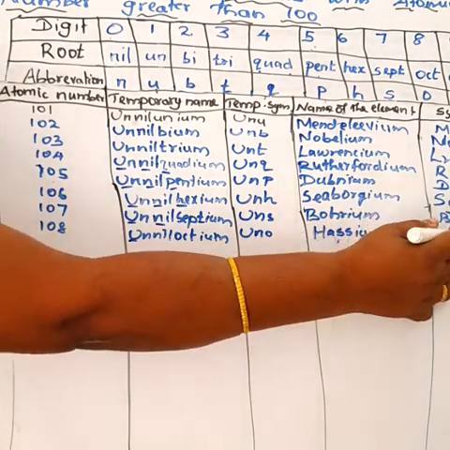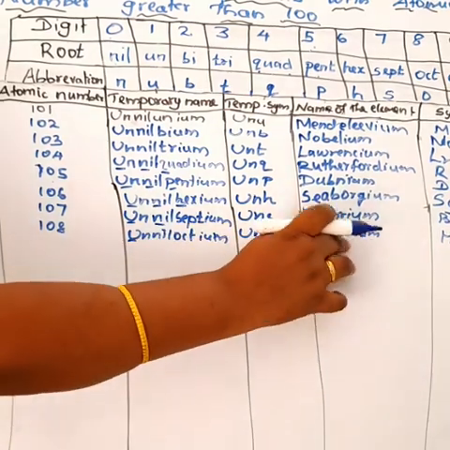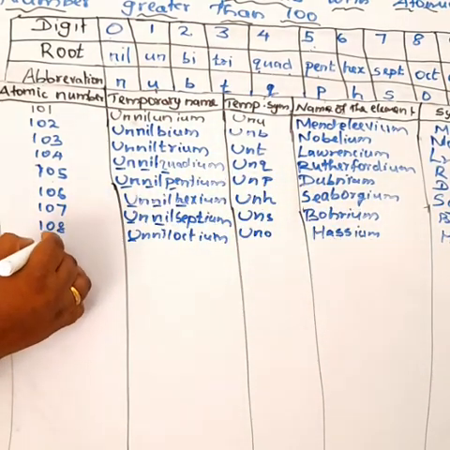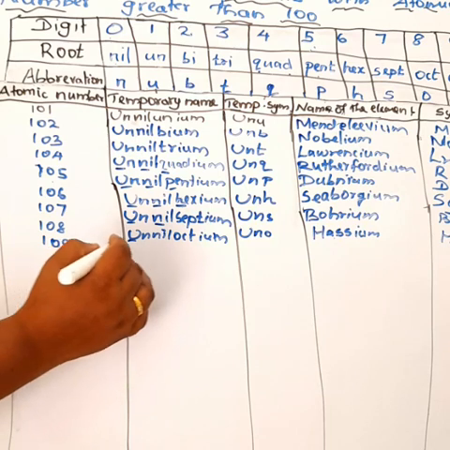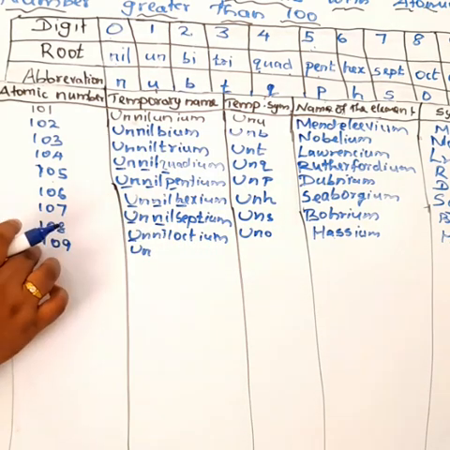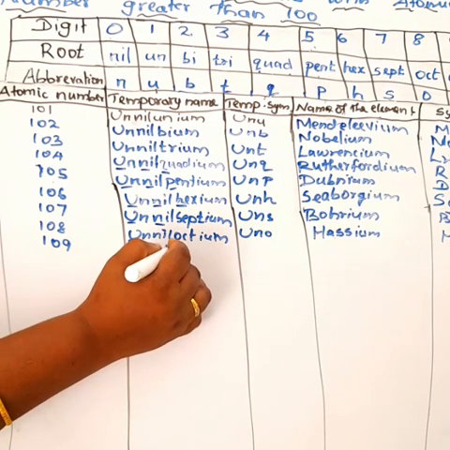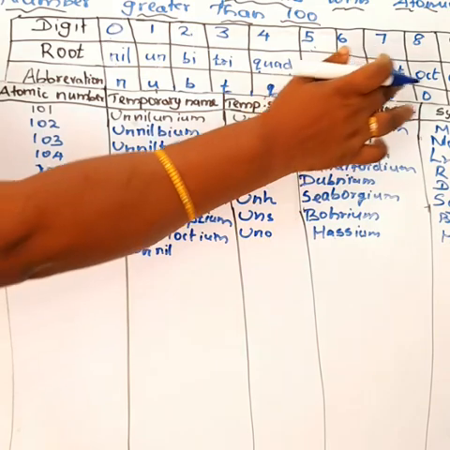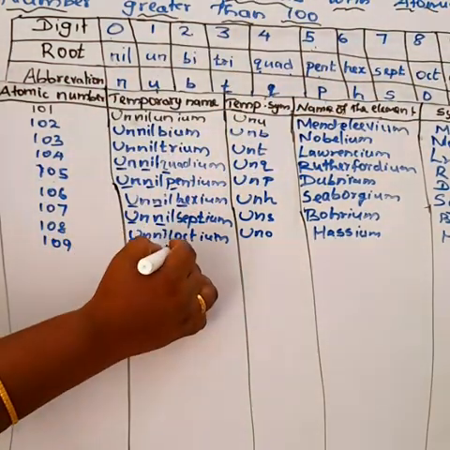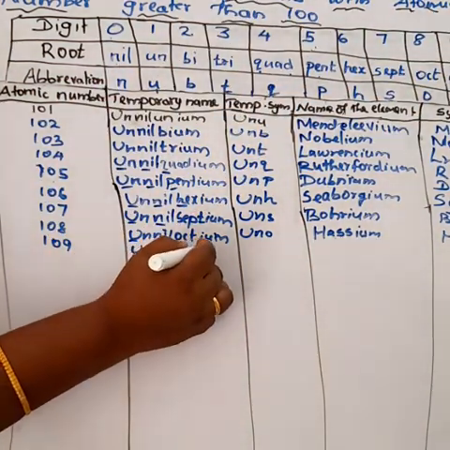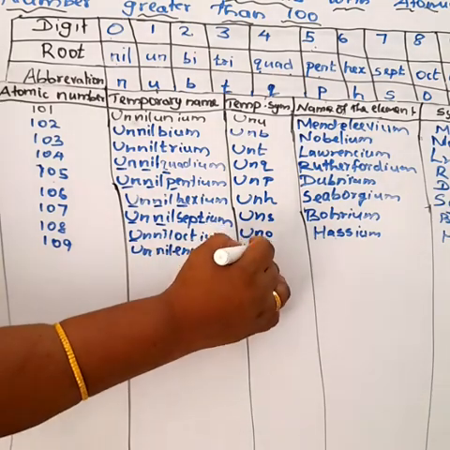Okay, understood? And atomic number 109. What is the temporary name? Un for 1, nil for 0, and for 9, what is the numerical root? Enn. After that, suffix ium. What is the temporary symbol?